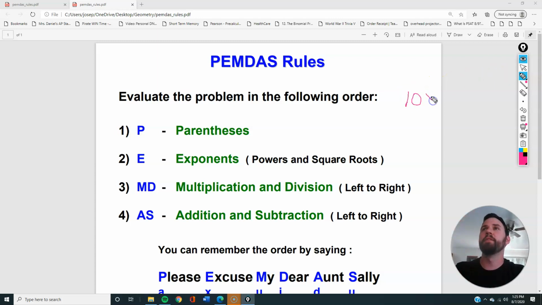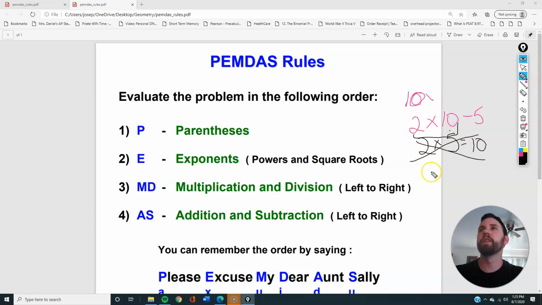Now, if you were bad at math, you'd be like, I don't want that deal because, well, 10 minus 5 is 5, and 2 times 5 is 10. We know that's wrong, because you have to do multiplication and division first. 2 times 10 is 20, minus the 5, you'd be getting a $5 raise. Take it.